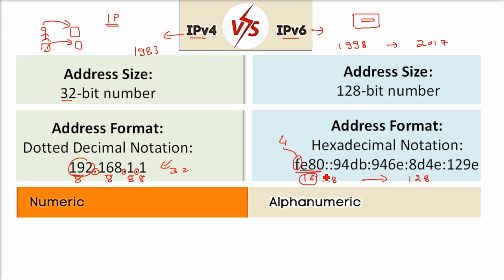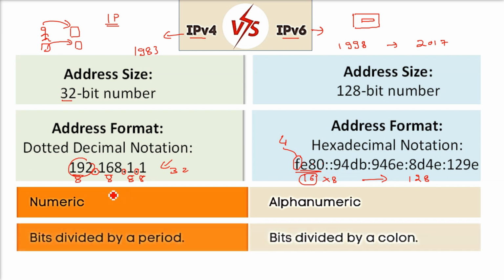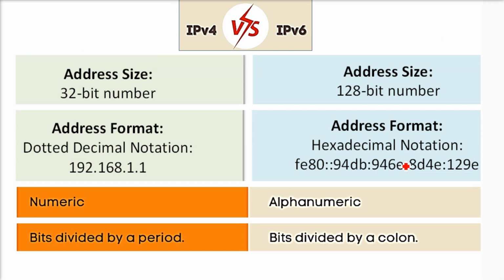You don't see any alphabets there. In IPv6, you will see numbers and alphabets, alphanumeric. In IPv4, the groups or octets are divided by a period or dot. In IPv6, the groups are divided by colon.